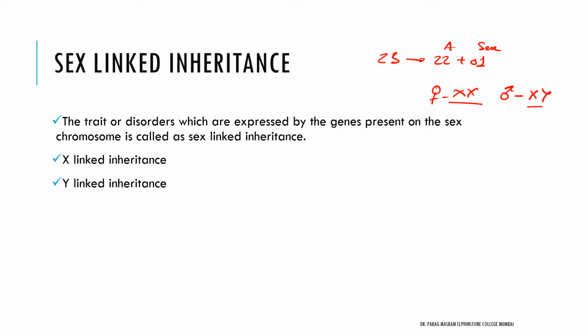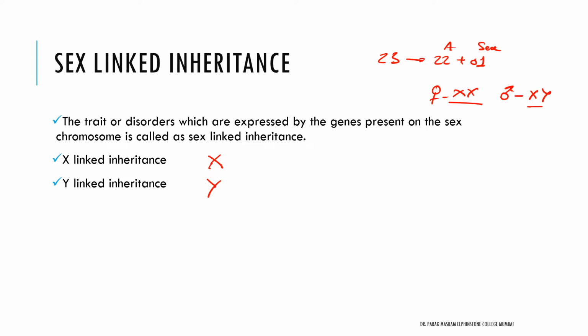Now, if the genes controlling a particular character are present on the X chromosome, such inheritances are called X-linked inheritance. But if those genes are present on the Y chromosome, those will be called Y-linked inheritance. We'll come to that. It's very important to understand.